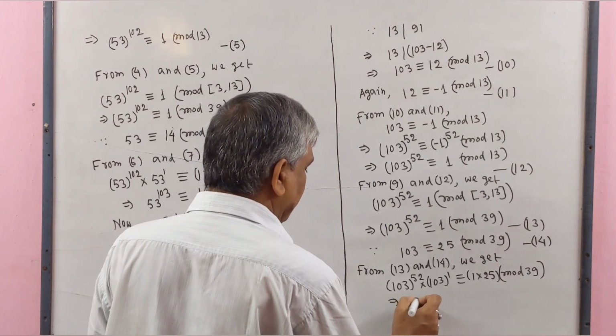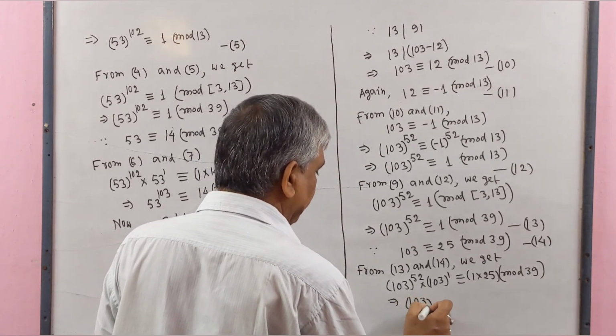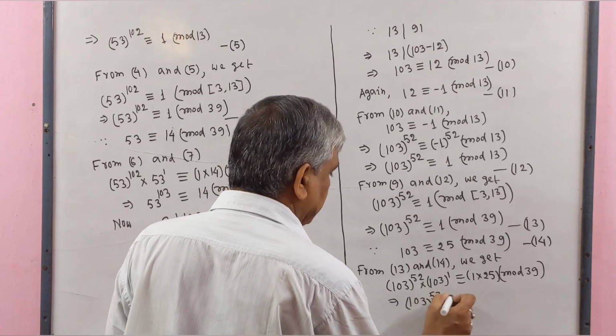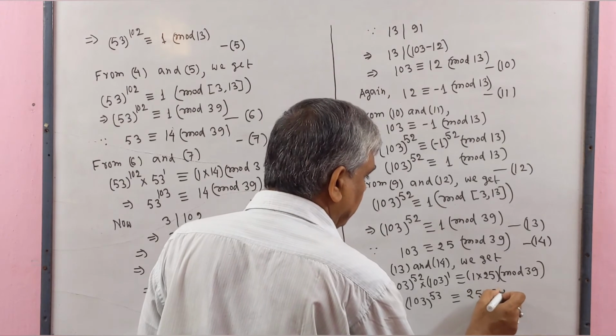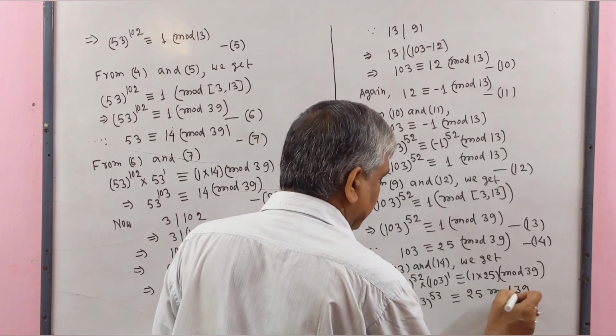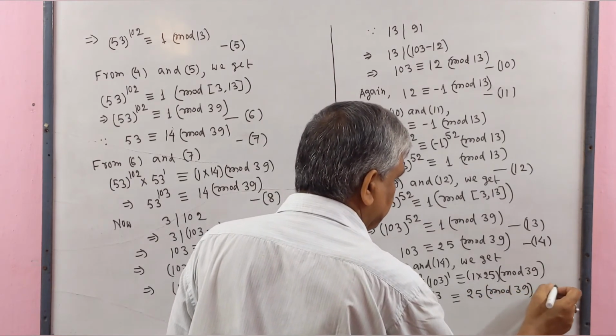This implies that 103 to the power 53 is congruent to 25 modulo 39. This is number 15.